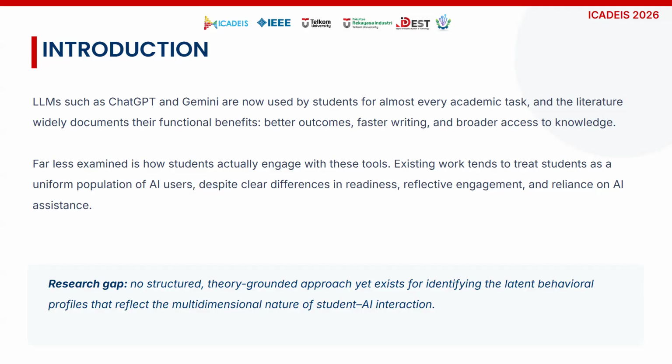Many studies treat students as a homogeneous group, when in reality their readiness, reflection, and reliance on AI vary greatly. The main gap of this research is that there is still no structured, theory-based approach to identifying the hidden behavioral profiles that reflect the diversity of student interactions with AI.